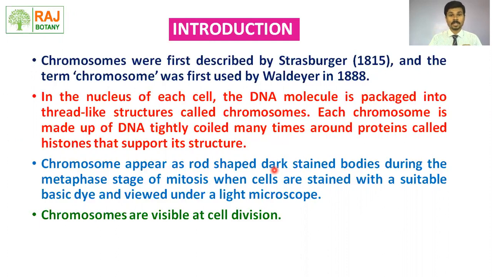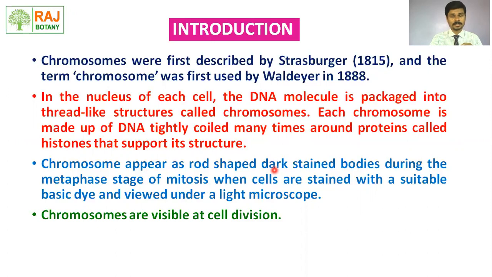We can observe chromosomes when we normally perform the practical of mitosis using onion root tips. We grow the onion root tips by simply dipping the onion into a beaker containing water. After 2 to 3 days, roots come out, and we take 2 to 3 portions of the root for mitosis.